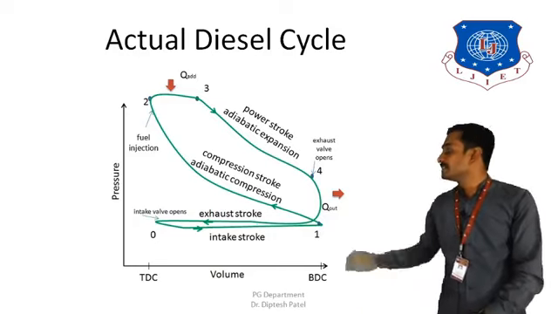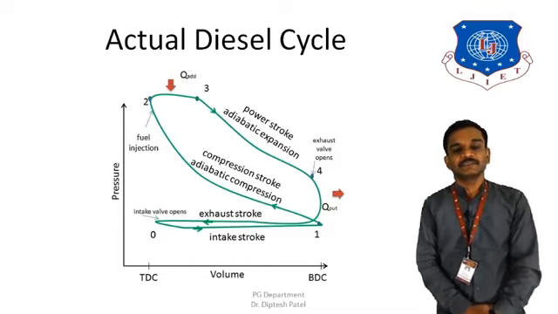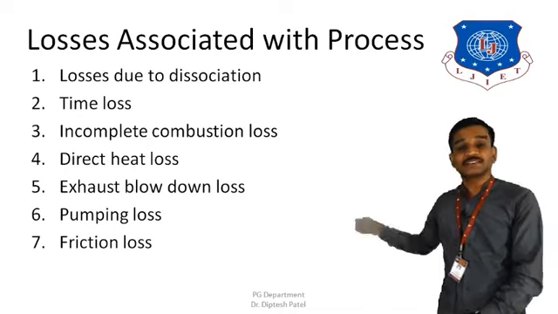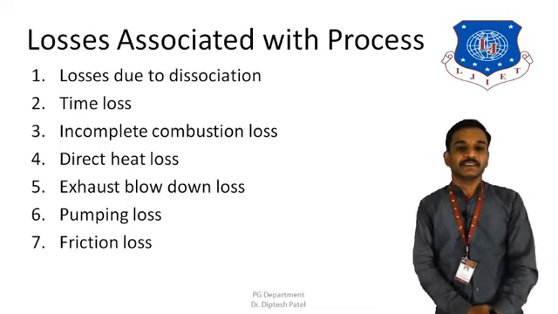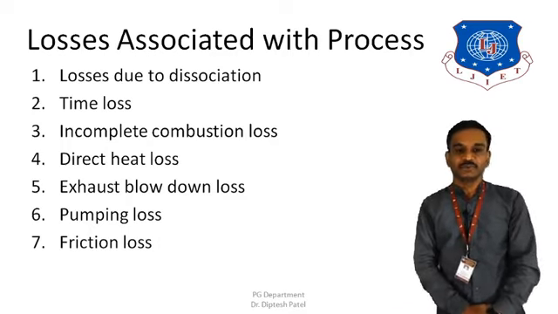Again you will see the curves here instead of the sharp edges due to certain losses, and these are the losses associated with the processes, in which the first loss is loss due to dissociation.